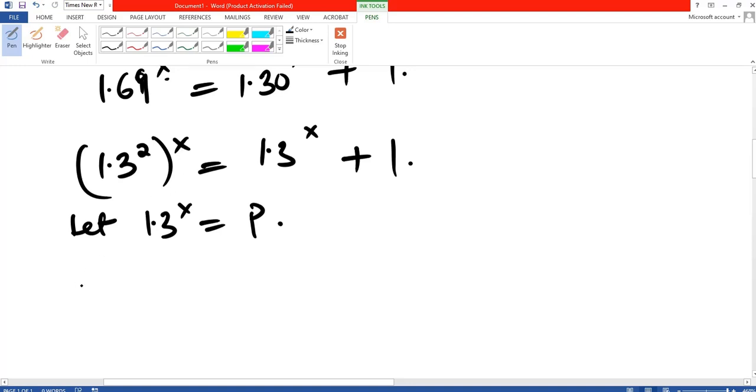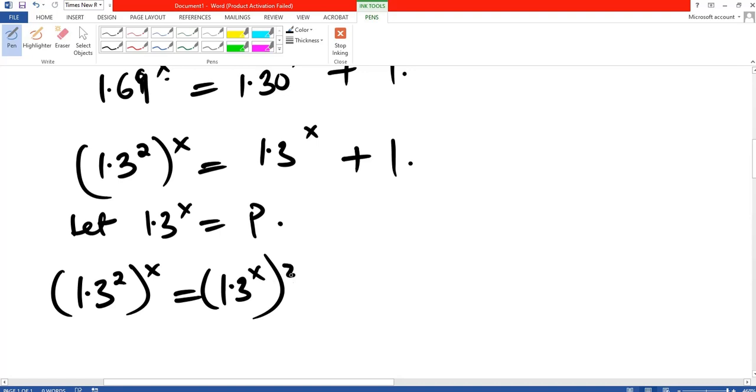This is the same thing as 1.3 raised to the power 2 raised to the power x, which is the same thing as saying 1.3 raised to the power x all squared equal to 1.3 raised to the power x plus 1.